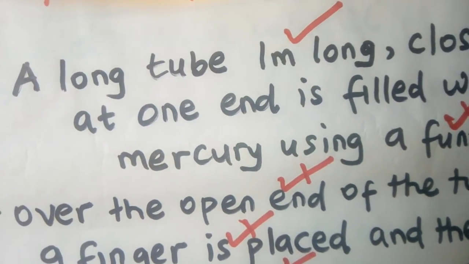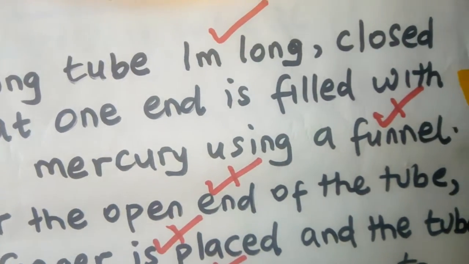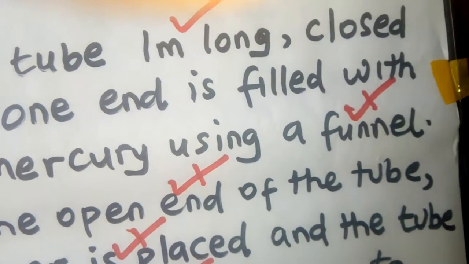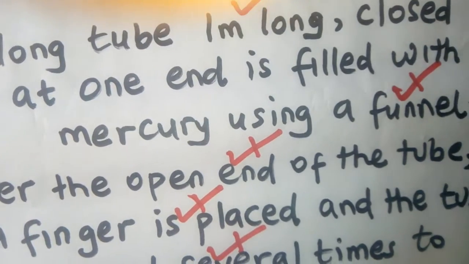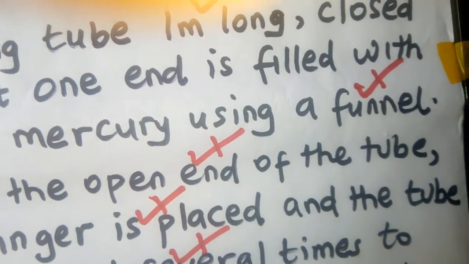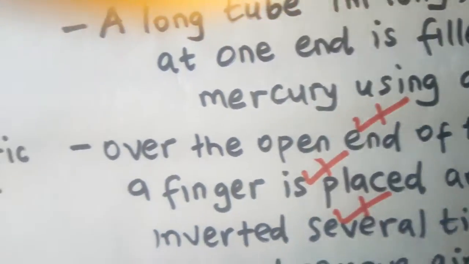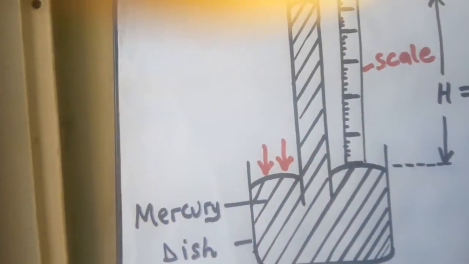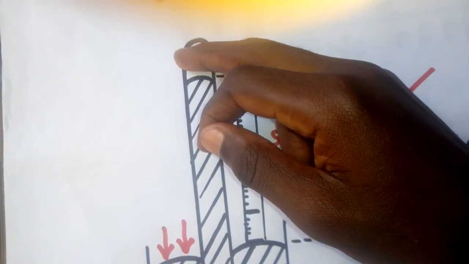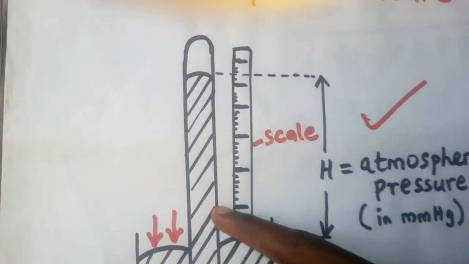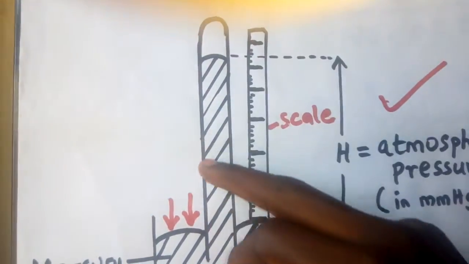You see, a long tube 1 meter long, so the length should be known. And that tube should be closed at one end, is filled with mercury using a funnel. So which tube are we talking about? This is the tube we are talking about, this one. This tube here. This is the long tube.